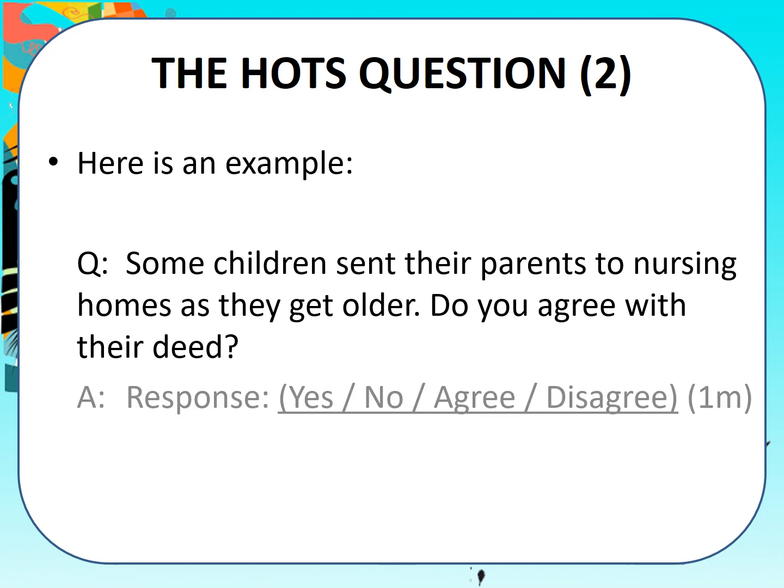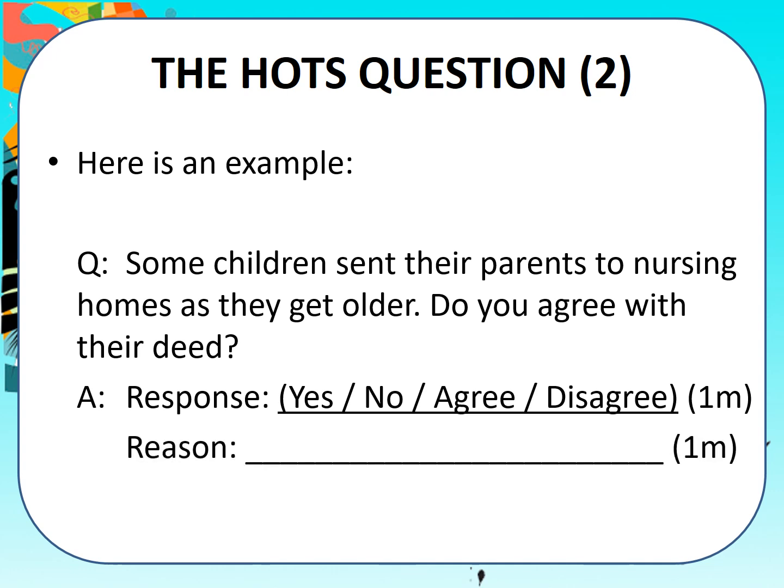So in the answer, first, you must respond yes or no, or agree or disagree. And then you need to give a reason, whatever the reason is. But remember, your reason must be related to your response. If your reason is not related to your response, then you will not get marked for reason.